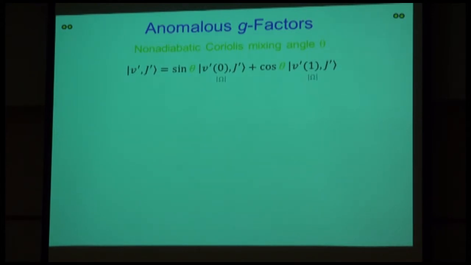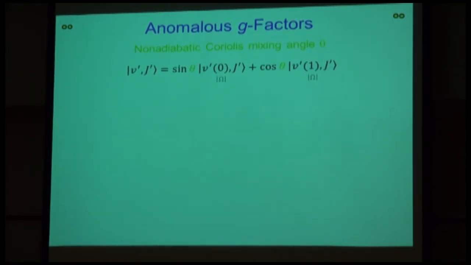Without this non-adiabatic mixing, the levels belonging to each of them would have just fixed G factors. In fact, one would be 0 and one would be 3/4. But that's completely not what we see. Therefore, we conclude that there is strong non-adiabatic, or so-called Coriolis, mixing between them.